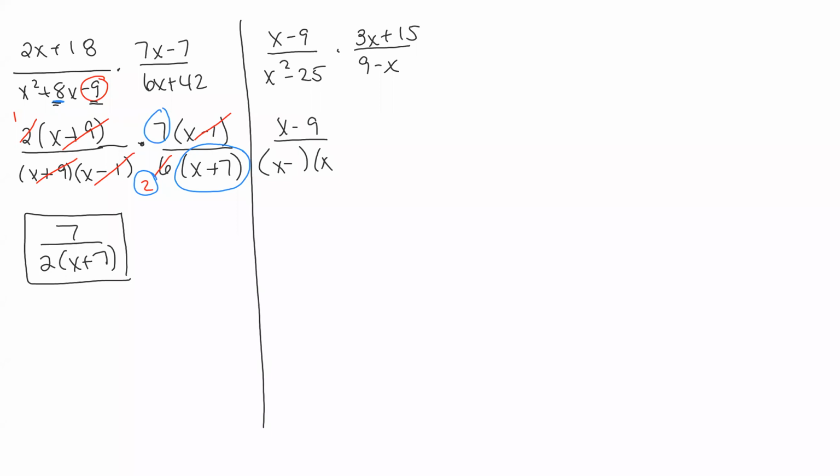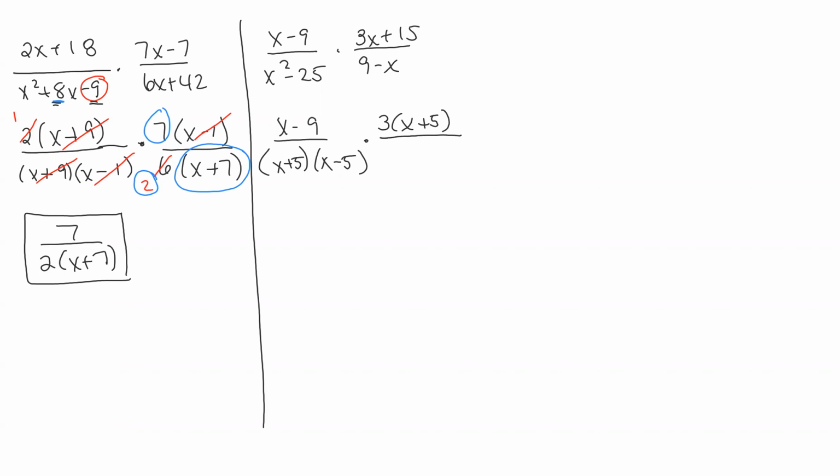And then I add the square roots and I subtract the square roots. So x squared minus 25 is the same as x plus 5 times x minus 5. Now, the second numerator, all I can do is factor out a GCF of 3. And when I do that, I'm left with x plus 5. So 3 times x plus 5.